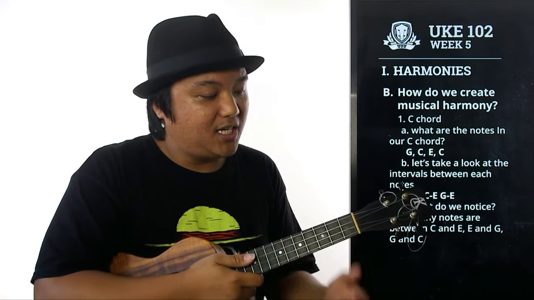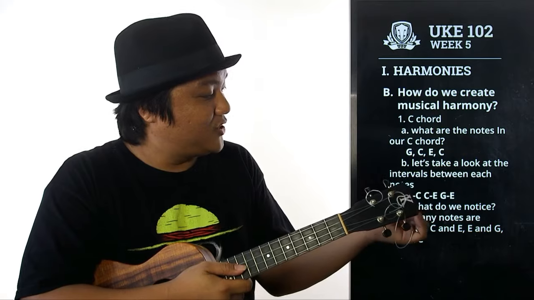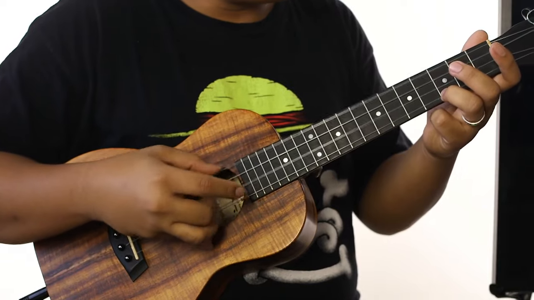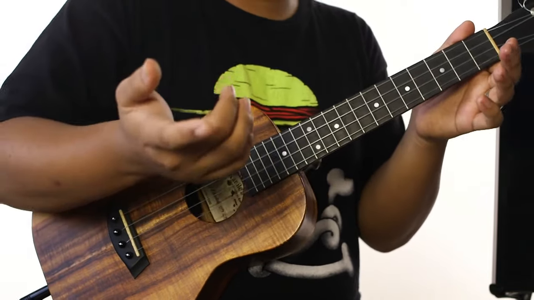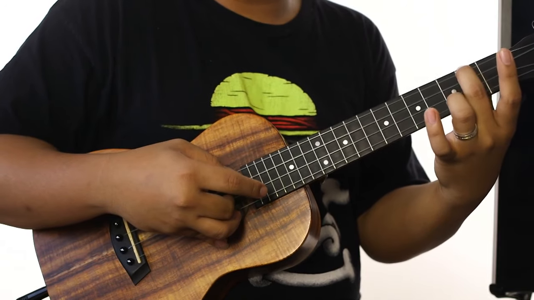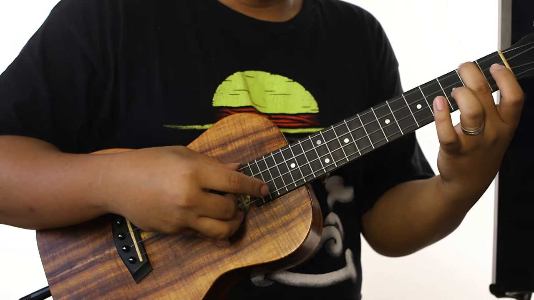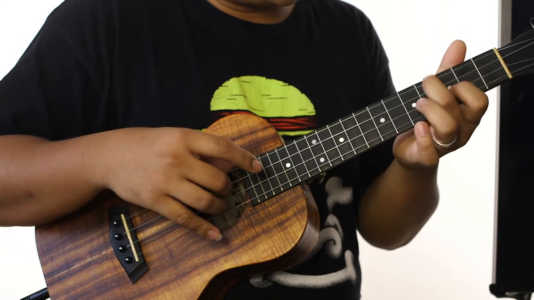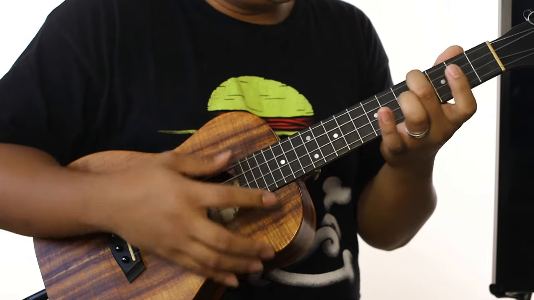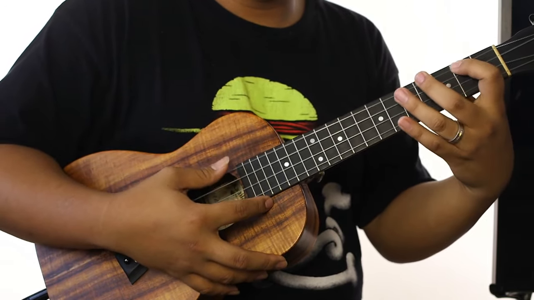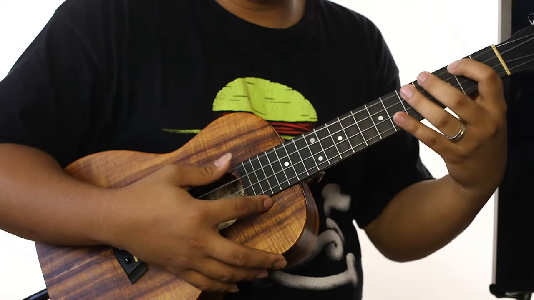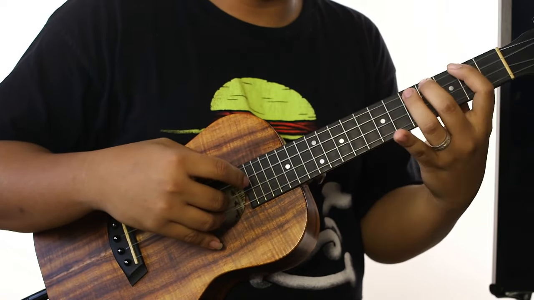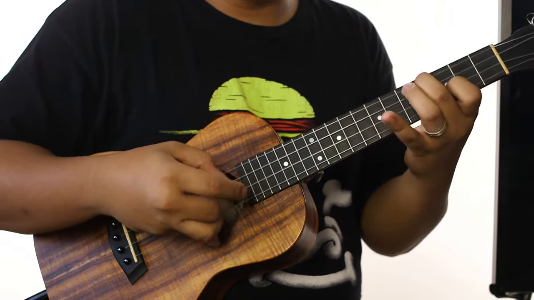Now take a look at G and E. Just pattern wise, if I'm going to go up to the next step in the scale, the next step in the scale for my E string will be here, and my next step for the G string, C scale, will be up here. So G, A, B, C will be E, F, G, A.